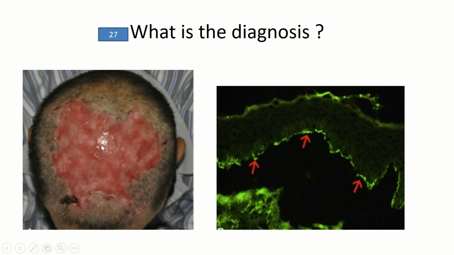Here is another case that presents with an erosive patch lesion on the scalp, and on histopathology there is subepidermal bulla formation with the predominance of the roof of the bulla. These findings are indicative of cicatricial pemphigoid, actually the Brunsting-Perry subtype.